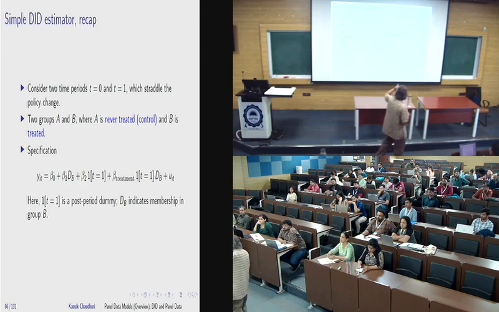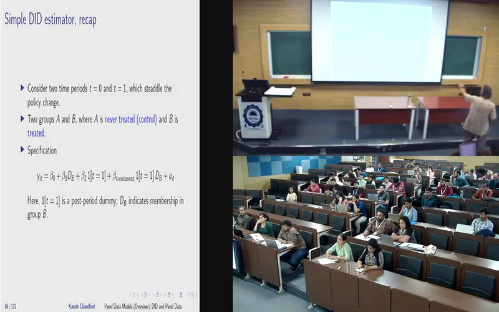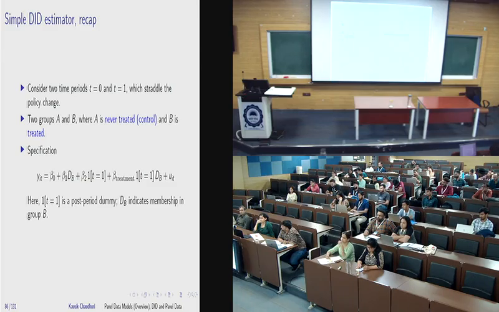Here my indicator variable for t equal to 1 is a post period dummy. dB is whether I belong to group B, which is my treated group. In this particular case, again I would be interested in the coefficient of the interaction term, the interaction of the intervention given that I belong to the treated unit. Clear? Fine.